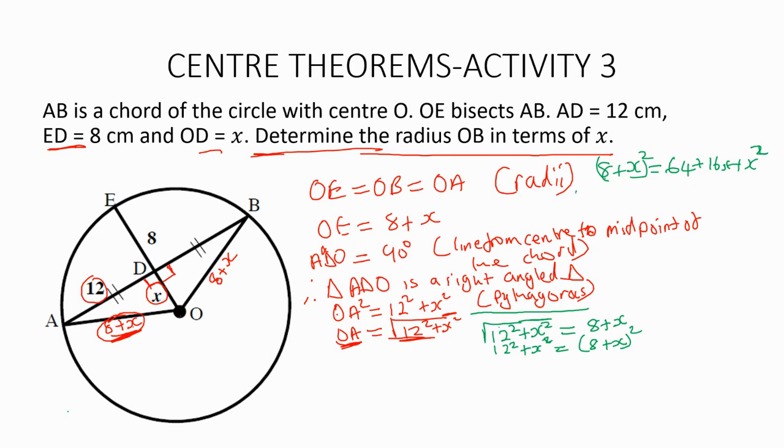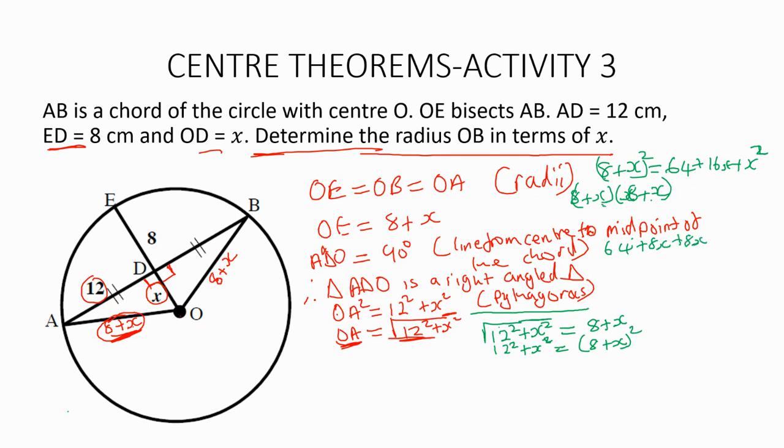But let's say you don't remember it. You're going to say 8 plus x times 8 plus x, and then you do your FOIL. You distribute. 8 times 8 is 64. 8 times x is plus 8x. x times 8 is plus 8x.